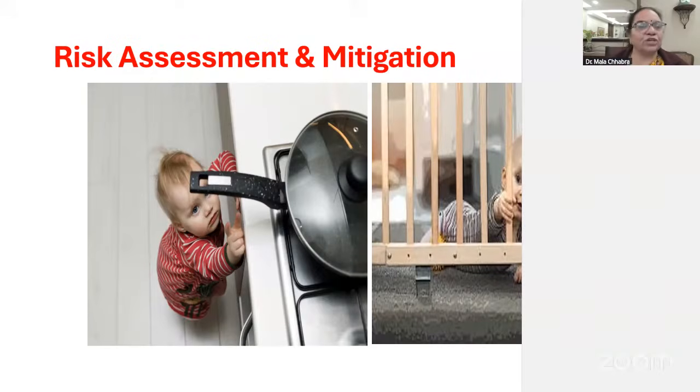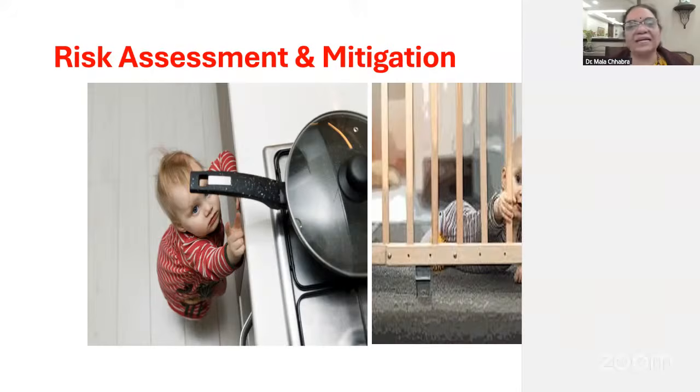If a small child comes and tries to hang on the pan, probably the boiling water will spill on him. Then it becomes a risk. You have assessed the risk that this is a major risk for a child, and what you have done is mitigation. You put a gate in the kitchen door, and this is called risk mitigation.